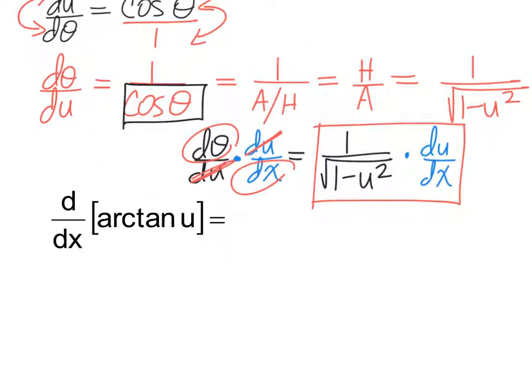All right, so again, the result of an inverse trig function is some angle theta. So we can say that theta is equal to the arctan of u, which corresponds to the tangent of theta being equal to u.